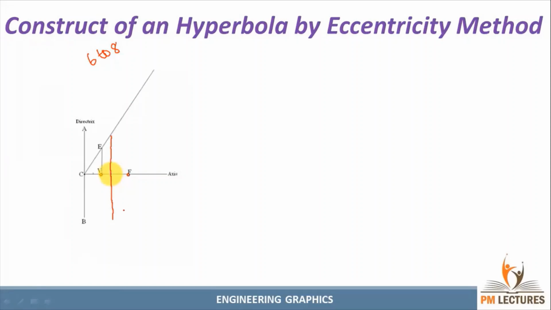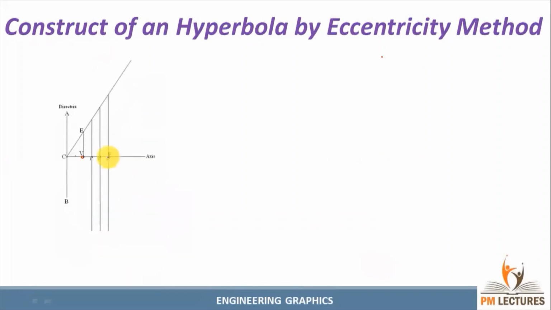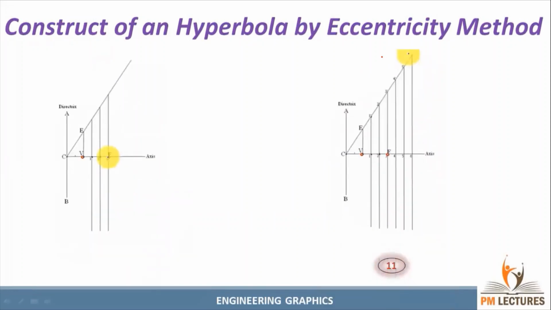Each distance between two lines is 10 mm. Like this, we can divide up to 6 or 8 vertical lines. Here I put 6 only, but you can do 8 also, no problem.